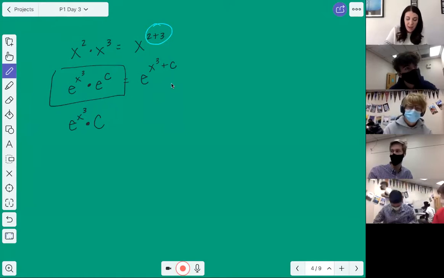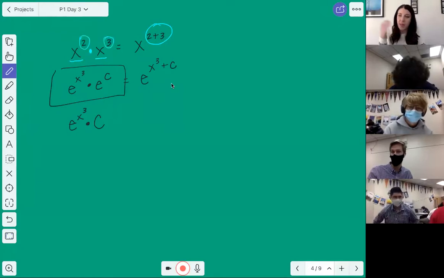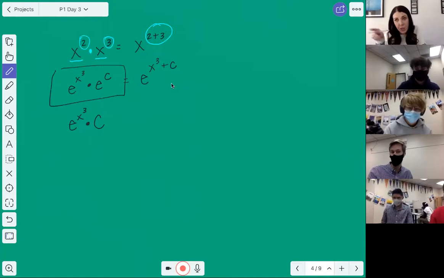If I have the same base, a base of x and a base of x being multiplied, then what I really do is add the exponents together. Mostly we've only done it in that direction. Mostly you've only been asked to find x to the 5th, given x squared times x cubed. But the logic works in the reverse also.